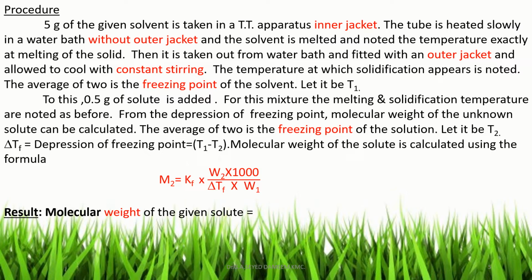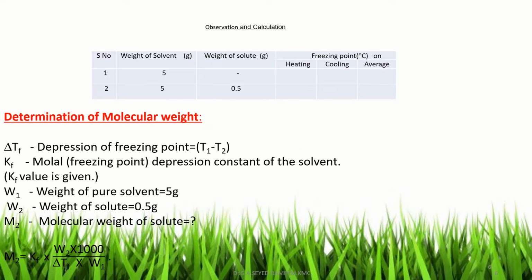By experimental determination of delta Tf and knowing all other terms except M2, it can be calculated. The result of the experiment is the molecular weight of the given solute. This slide shows the tabular column, formulas and the terms in the formula.